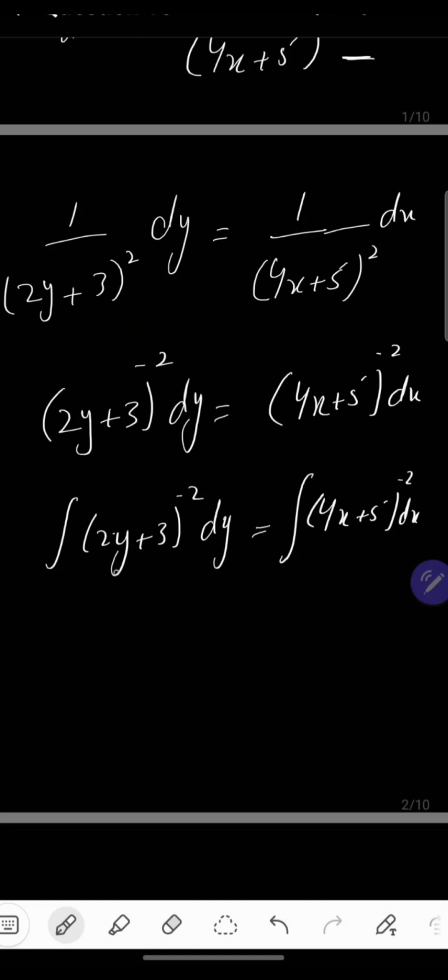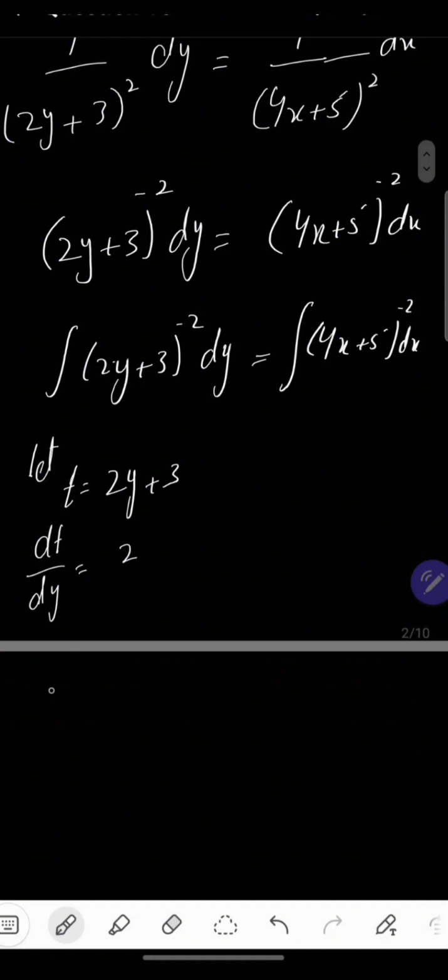Now we know that if the derivative of the inner term were present just next to it, we would simply increase the power of this whole term and divide it by the new power. But we will solve this step by substitution. Let t be a variable equal to 2y plus 3, and dt divided by dy is equal to 2.